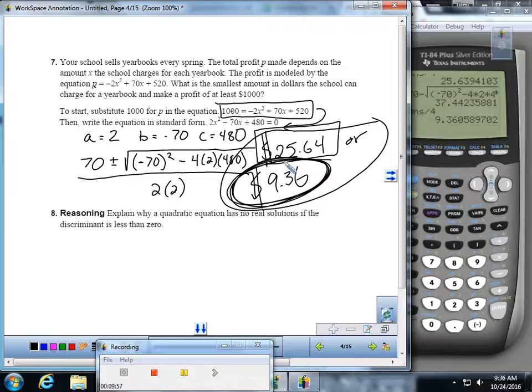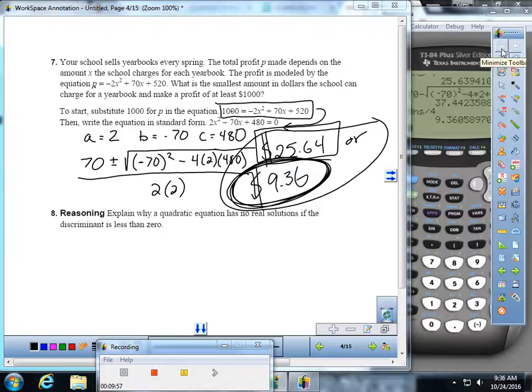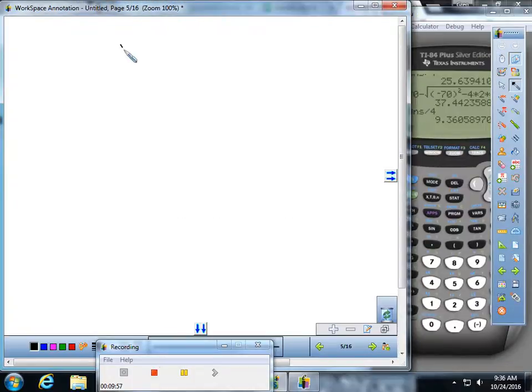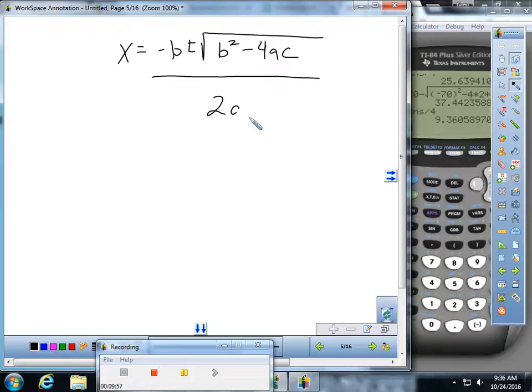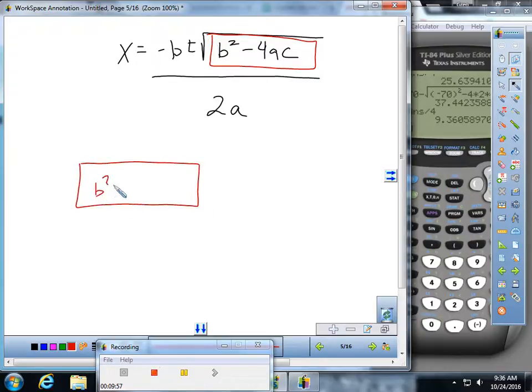All right, now, let me teach you something. When you've got x equals minus b plus or minus big square root of b squared minus 4ac all over 2a, this thing right here, this is called the discriminant.